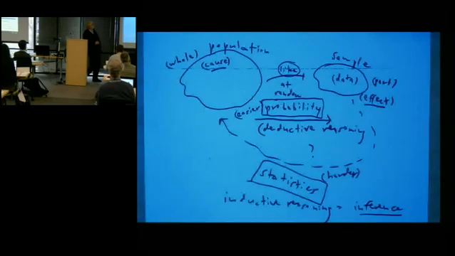And reasoning from the whole to the part, in logic and philosophy, people refer to as deduction, deductive reasoning. And reasoning backwards from the part to the whole, people refer to as inductive reasoning. And another name for that in statistics is inference. And so inference is equivalent to the phrase inductive reasoning.